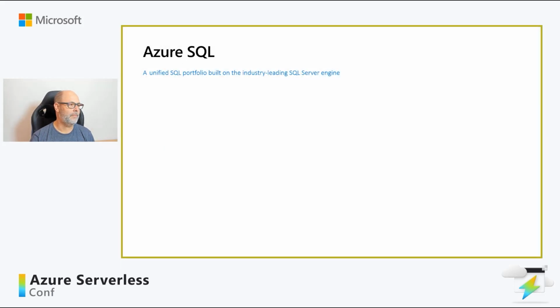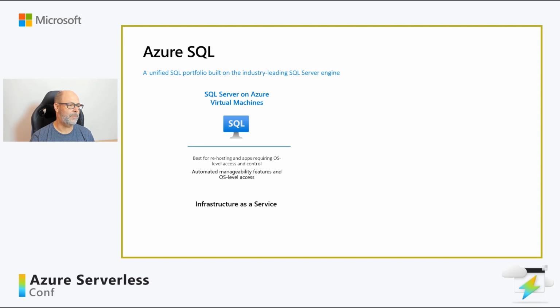All right, let's start. The first division within the Azure SQL umbrella is how we group the products and services. On one side of the screen, we have infrastructure as a service, where we have the possibility of deploying a virtual machine running SQL Server.